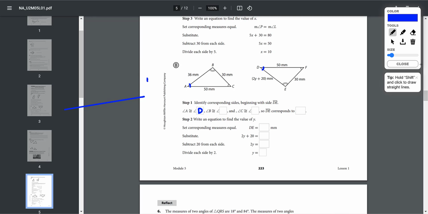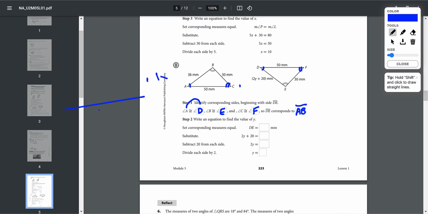Angle B has 3 curved marks on it, so it's going to be congruent to angle E. And then by process of elimination, C has 2 curved marks on it, so it's going to be congruent to angle F, that also has 2 curved marks on it. So that means segment DE is going to be congruent to segment AB.